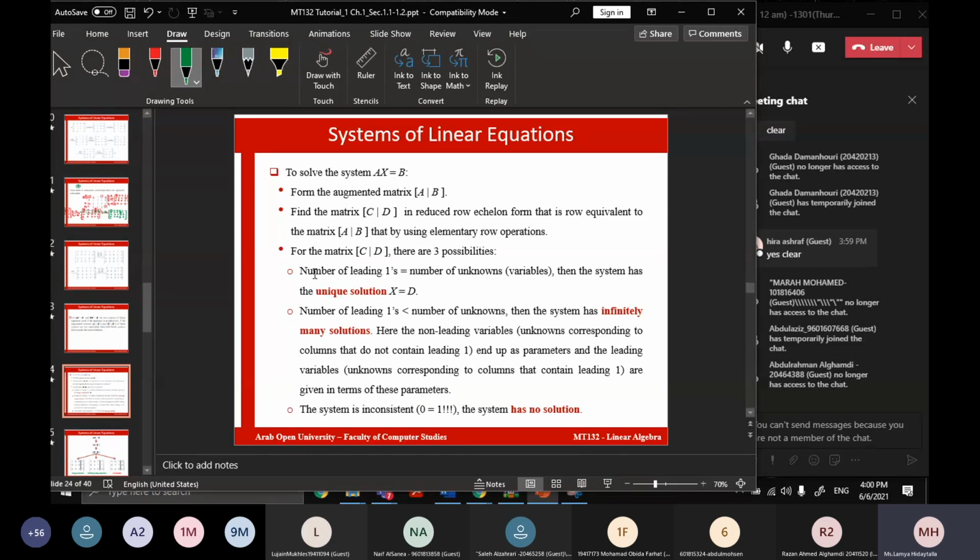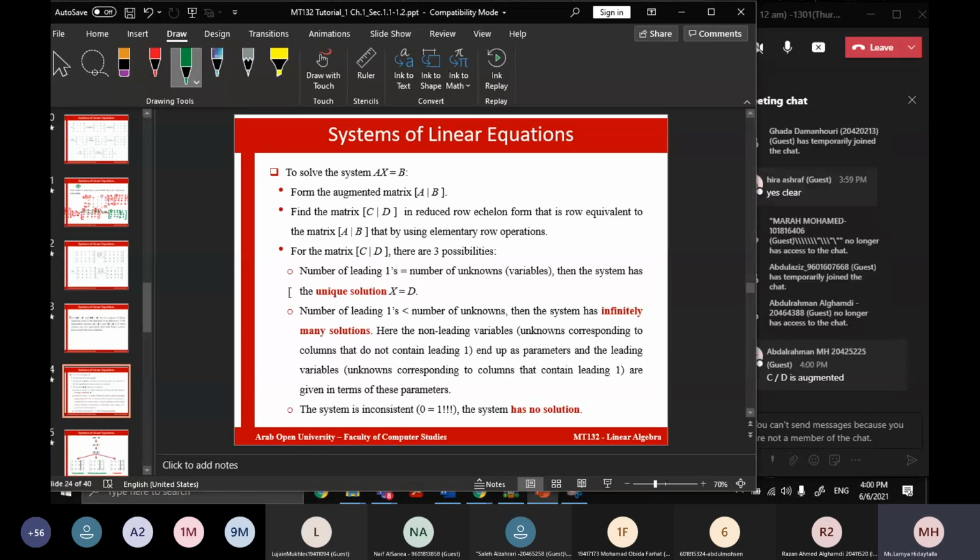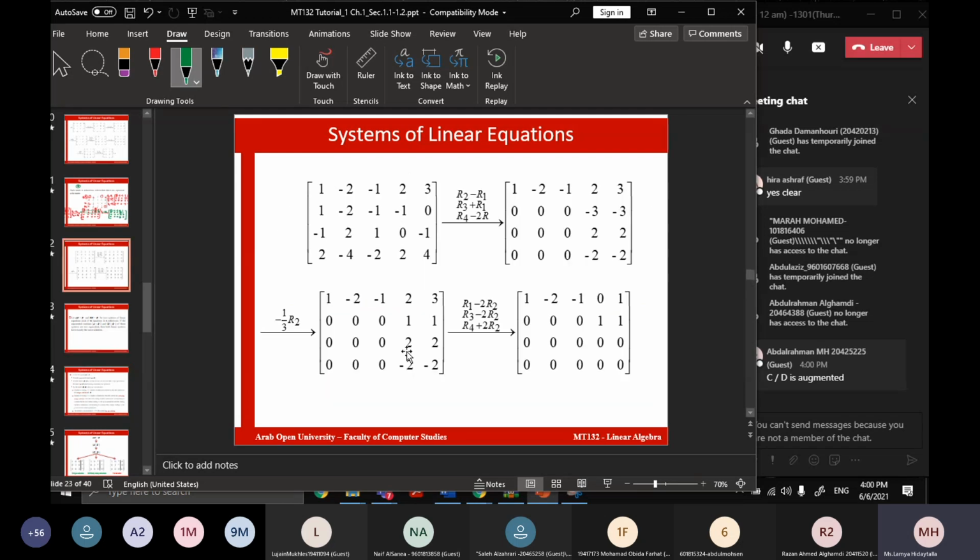Okay, now after that you will solve this one. From the beginning, do you remember we said each linear system will have one of three possibilities, only three possibilities.